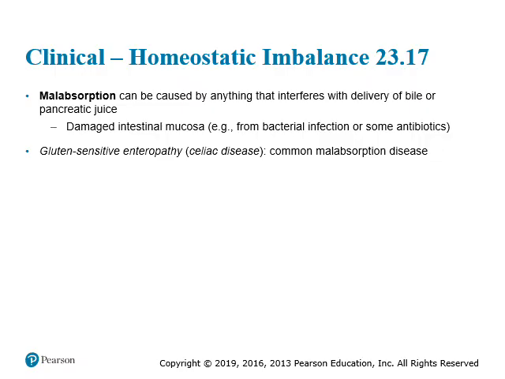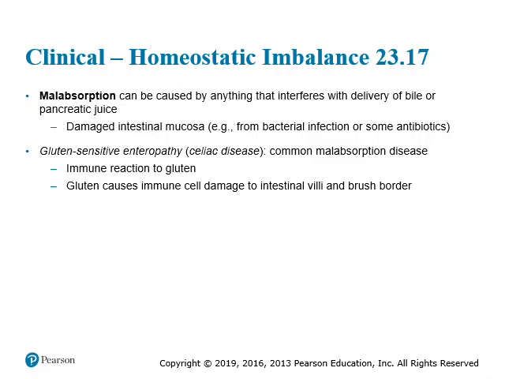Another type of malabsorption is gluten-sensitive enteropathy, called celiac disease. This is a common malabsorption disease. It's an immune reaction to gluten, which is found in wheat flour. Gluten causes immune cell damage to the intestinal wall and the brush border. The treatment is to eliminate gluten from the diet.